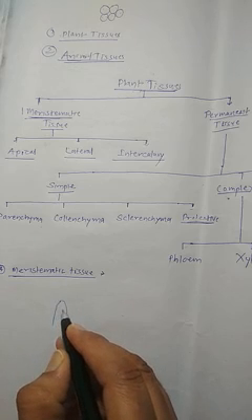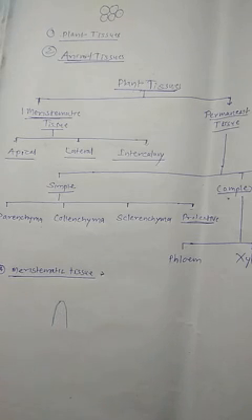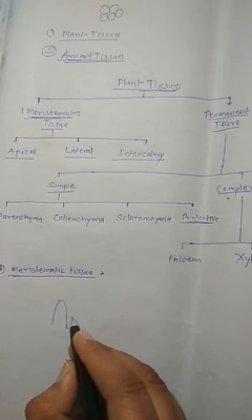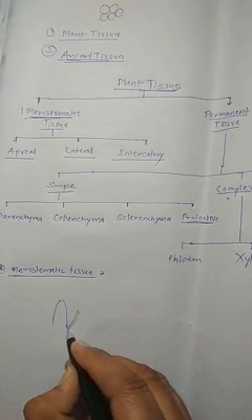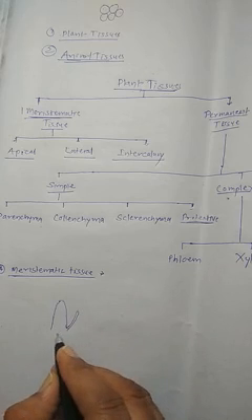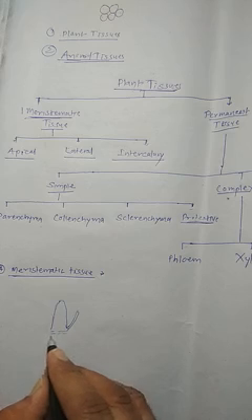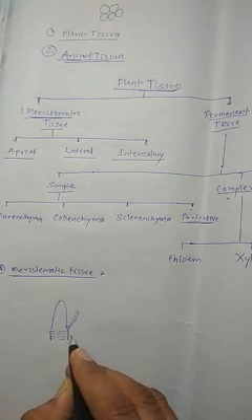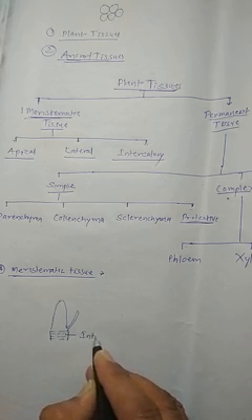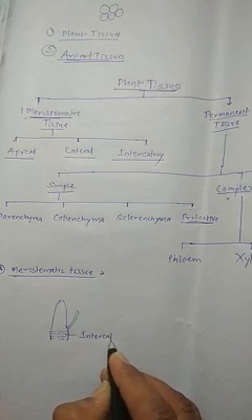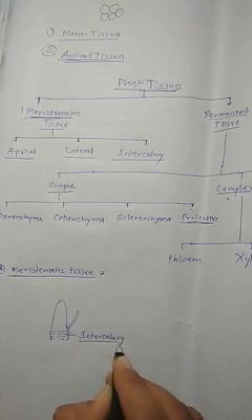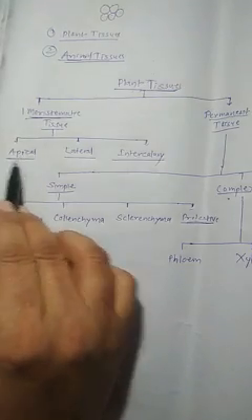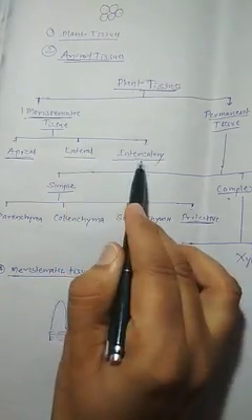This is a shoot. Here, this is the zone of intercalary meristems. As we know, apical, lateral and intercalary.